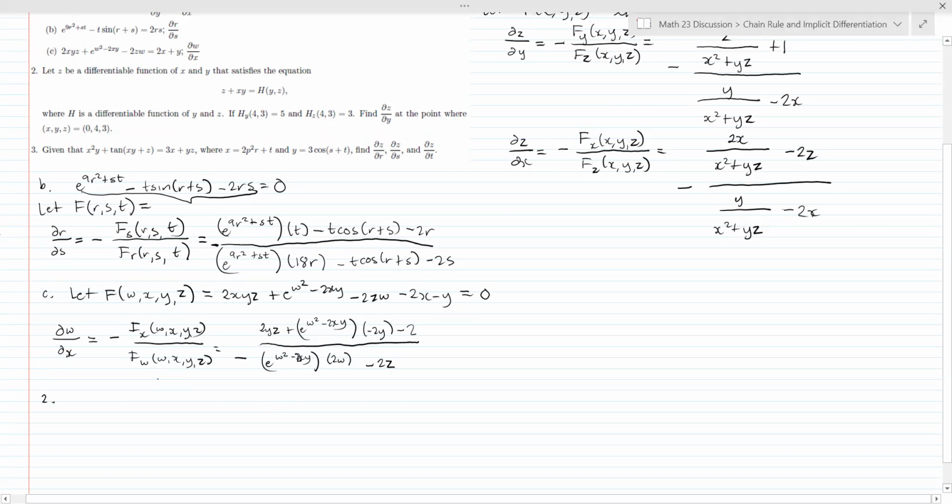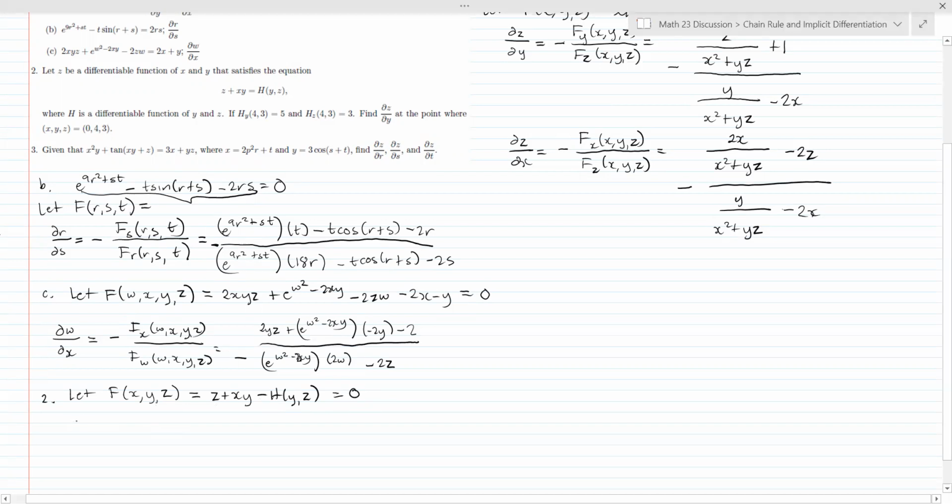So, gawin pa rin natin yung same technique. Let's say, let f in terms of three variables x, y, z, f equal to z plus xy minus h of yz. So yan yung f natin equal yan to 0, correct? So galing sa kapag equal to 0, yan yung equation sa taas.